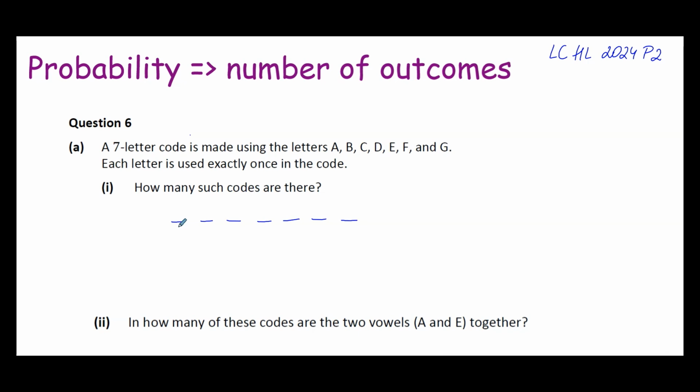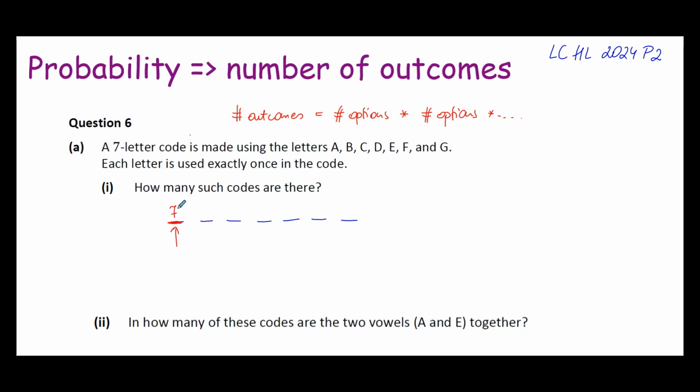The idea we are using here is that when I'm looking for the number of outcomes, we are multiplying number of options available by number of options, by number of options, and so on. For the first place, the number of options is all the letters, and there are 7 of them.